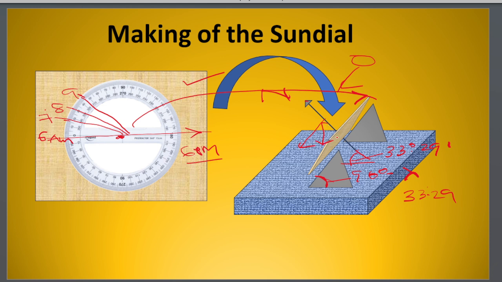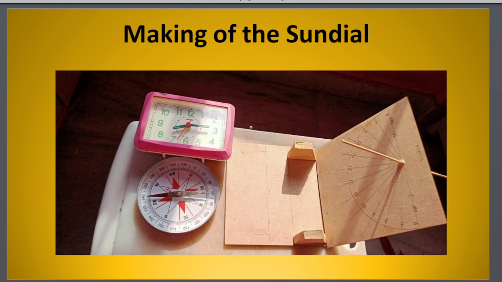This is the real picture of my own sundial. As you see, the normal, the stick, is pointing towards the true north. The sun rays cast the shadow of this stick over this dial, and you can see the time is 8:30 a.m. But from here you see that it is not actually 8:30, it is 8:15 or something like that.